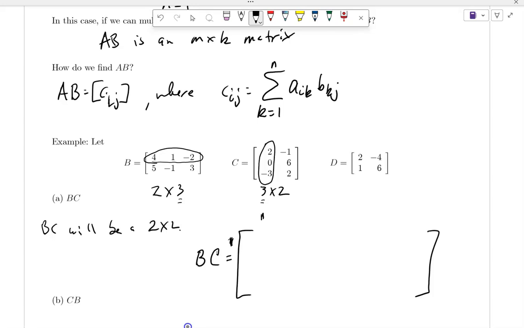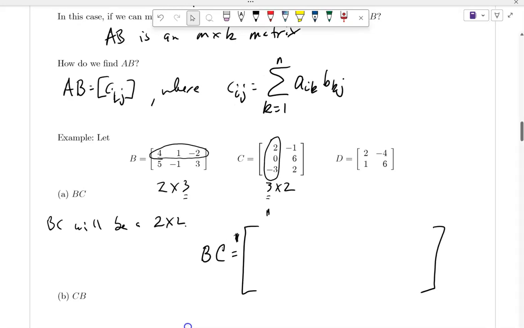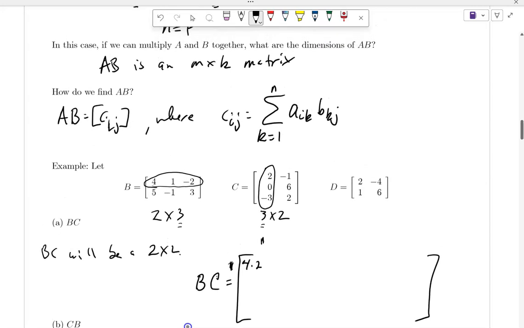We do a dot product of those two vectors. We'll do 4 times 2, 1 times 0, 3 times negative 3, and add that together.